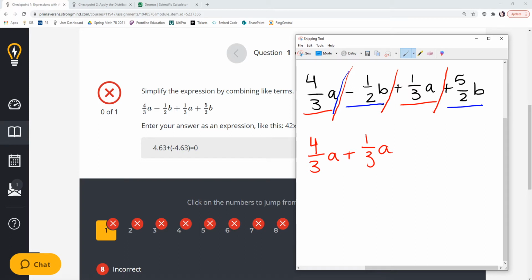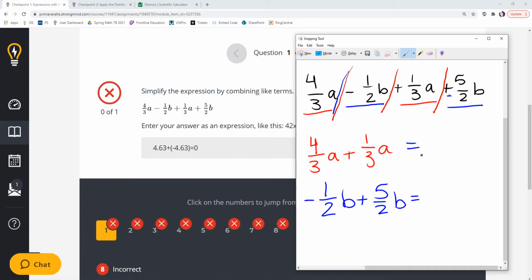In between my two slash marks, this minus sign is with this negative 1/2 B, which means that when I go to combine it, I'm going to have a negative 1/2 B. And then over here in front of my 5 over 2, there is a plus sign, which means I'm going to bring my plus sign down for 5 over 2B.